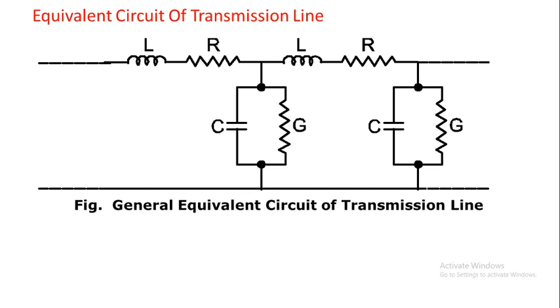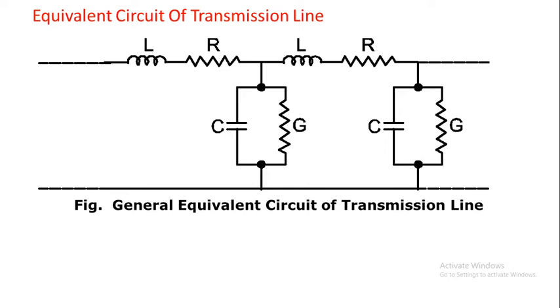Now the next point is the transmission line itself. The transmission line comes under the distributed network type because we cannot physically separate the components R, L, C and G. They are distributed throughout the line, and that's why the transmission line is a distributed network.